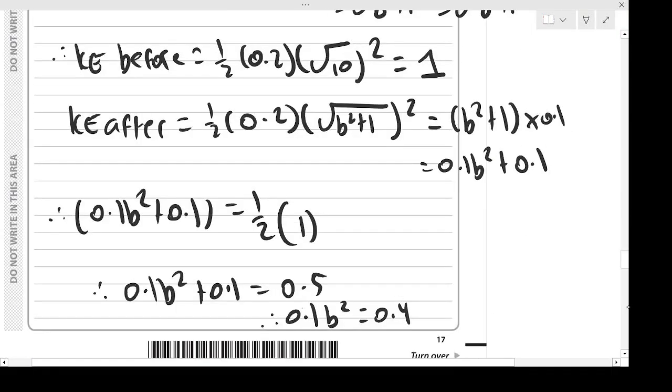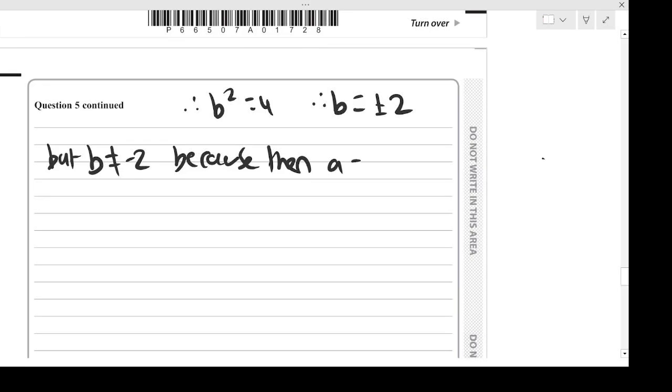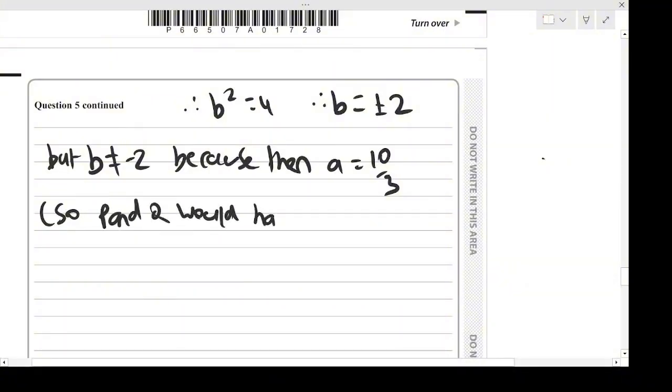So what I'm going to say to justify my answer is that B cannot be minus 2, because then A would be 10 over 3, which would mean that P and Q would have to pass through each other, which obviously would make no sense.